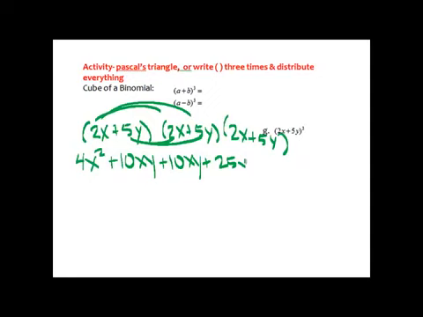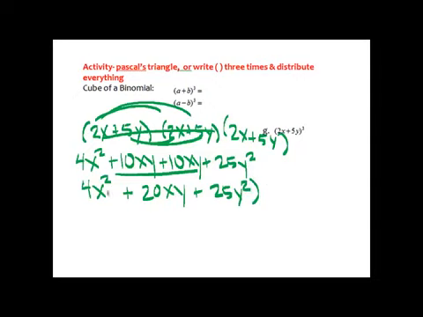And then y times y. Now we're going to add up our like terms. Now we're done with this, but we're going to add up our like terms. Again, make sure not to make a mistake here. 20xy, the variables don't change. Okay, now the third parenthesis we're going to bring down.